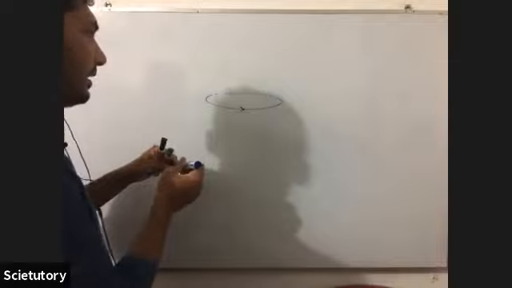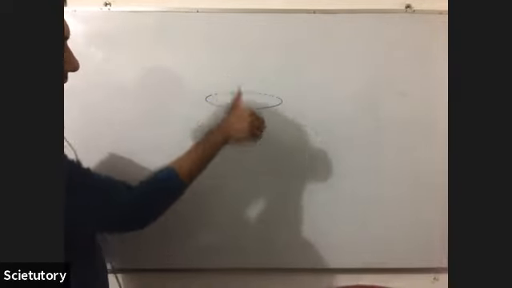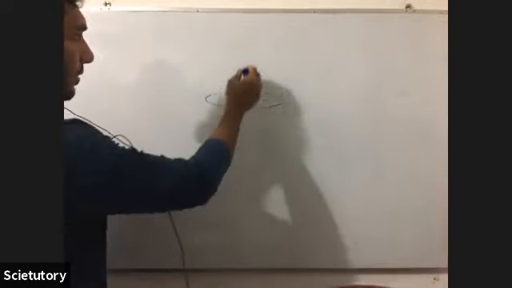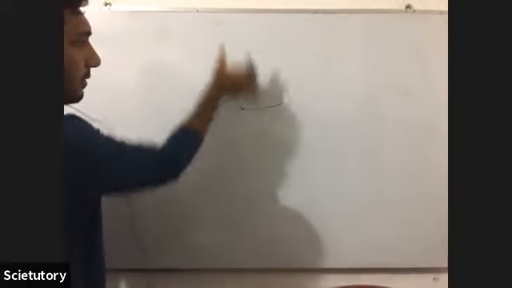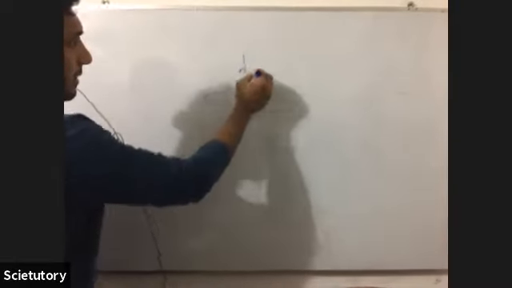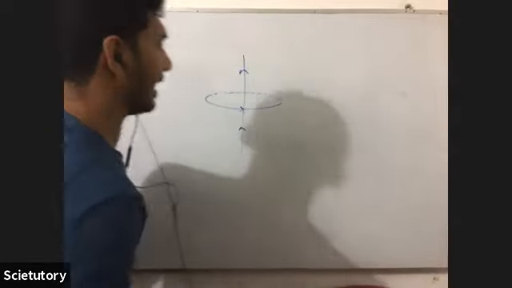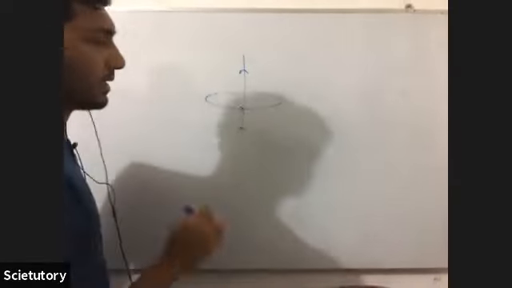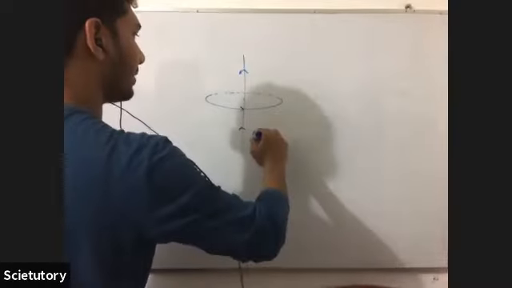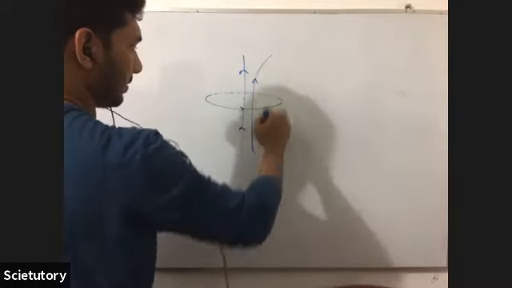So how do you find the direction? Using the right hand rule. So now like this, there will be a field line. This is not a force line, it's a field line through the center. And the others will be like this.